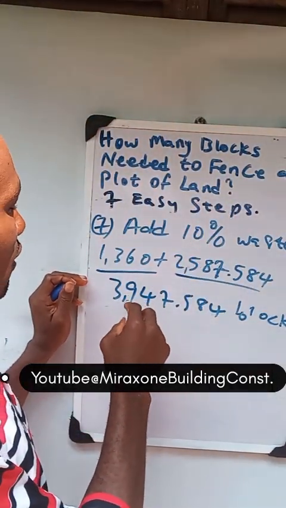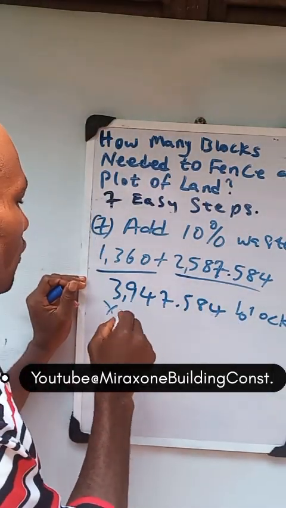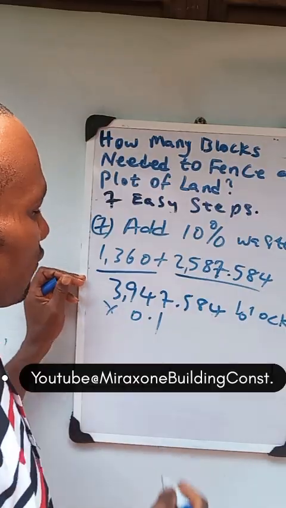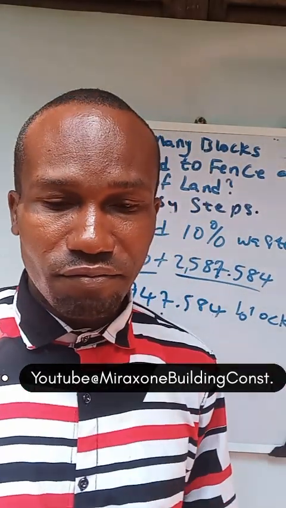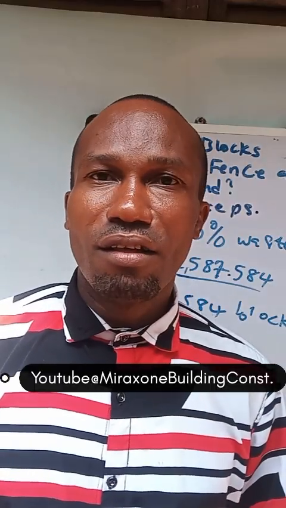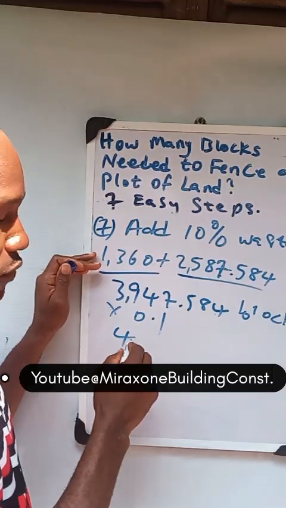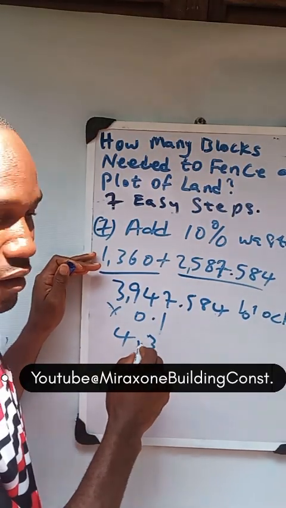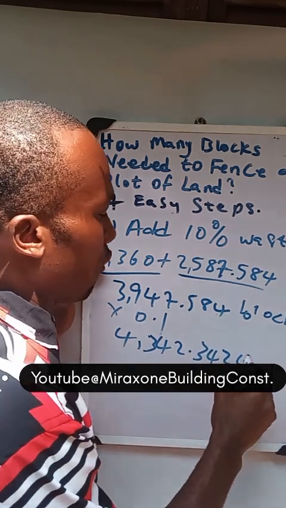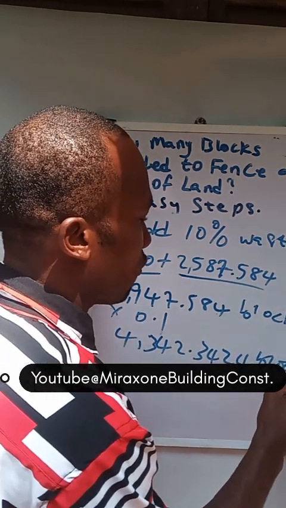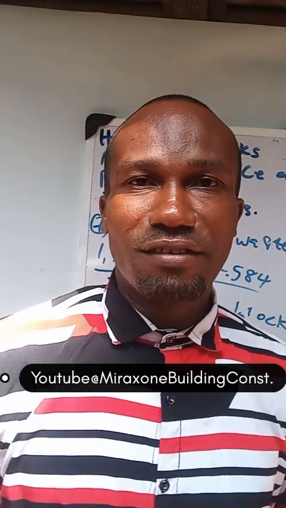This 3,947.584 times 0.1 is the 10%. When you add it, what do you have? You have 4,342.3424 blocks. These are the total blocks you need for the site.